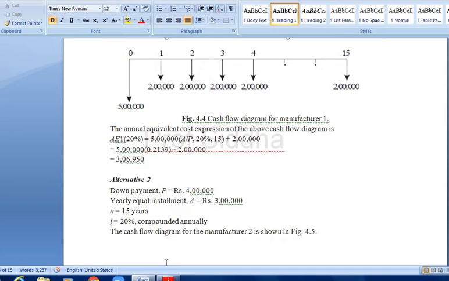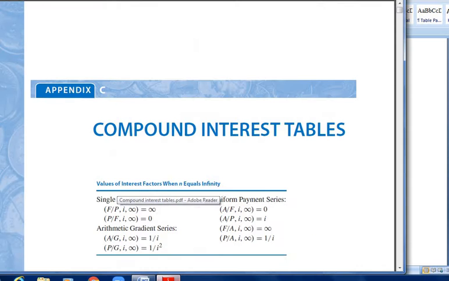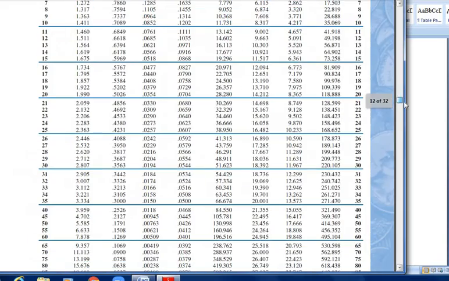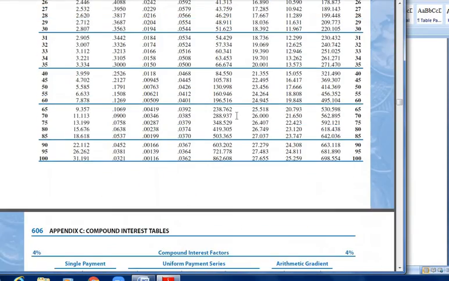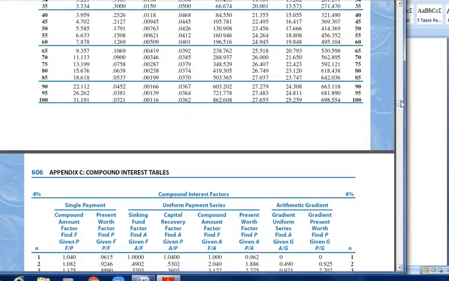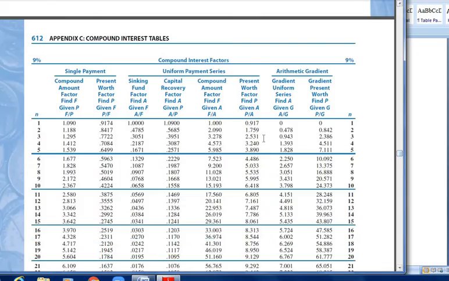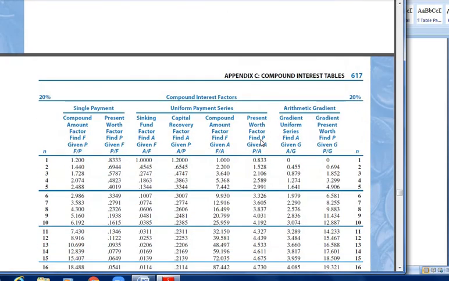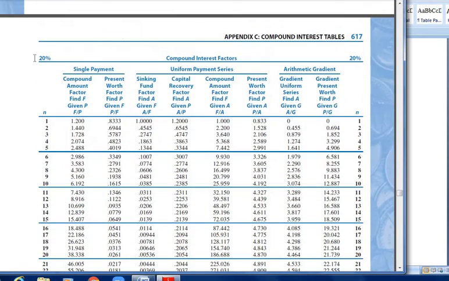Let us see how it came. The interest rate is 20% and the period is 15 years. So go to 20% in the compound interest tables. Already I have given you the compound interest tables. Please keep them and follow. Here it is 20%, and I am going for 15 years.